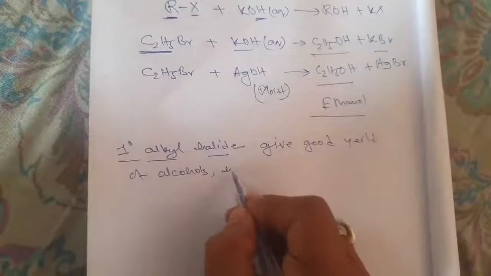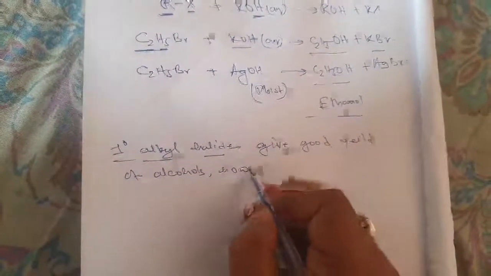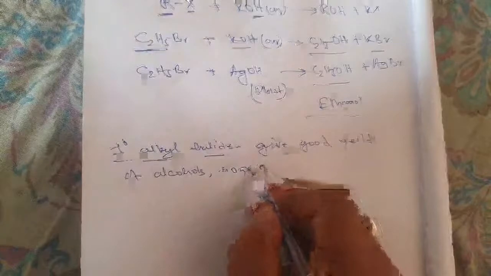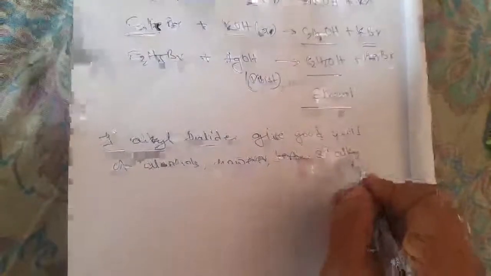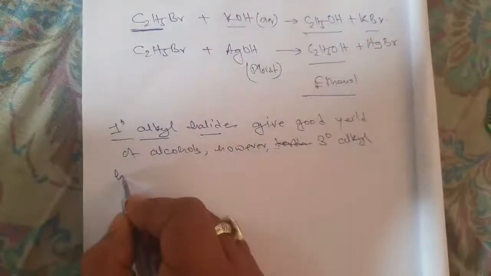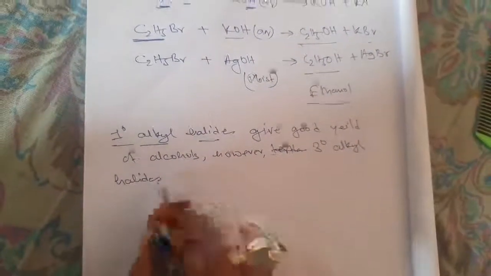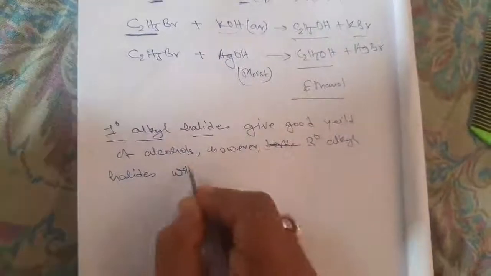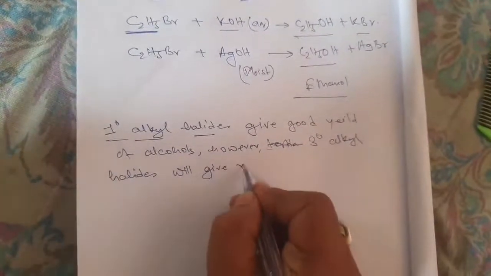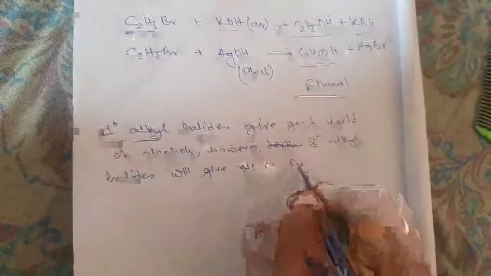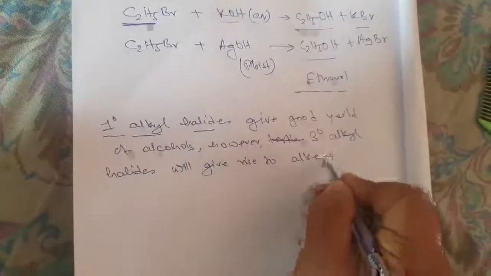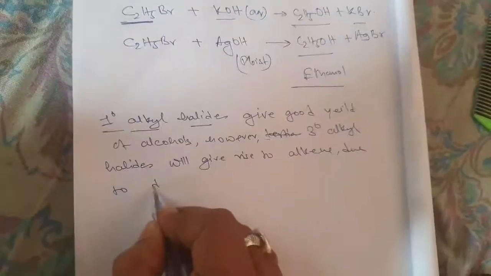However, tertiary alkyl halides will give rise to alkenes, through dehydrohalogenation.